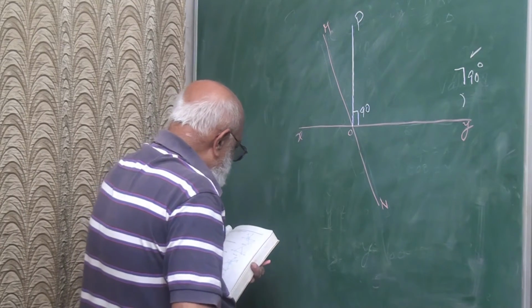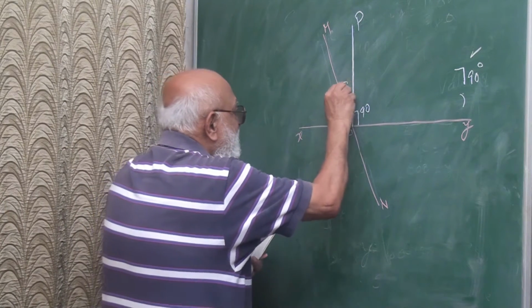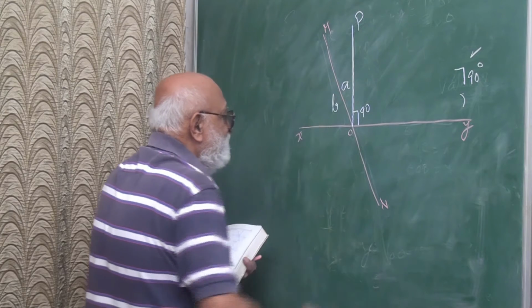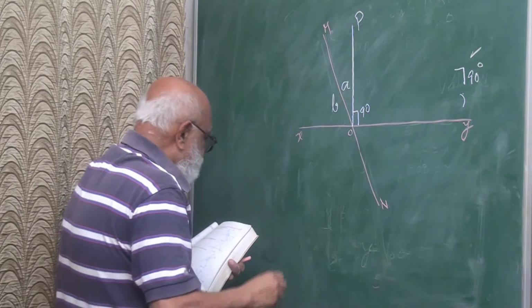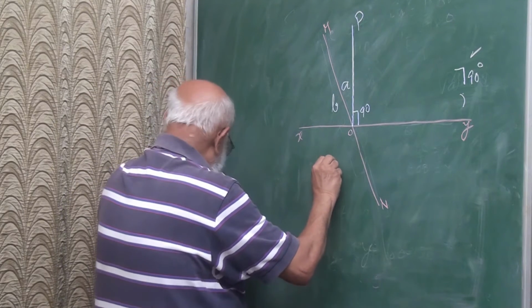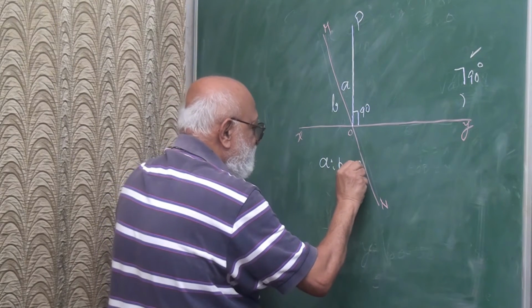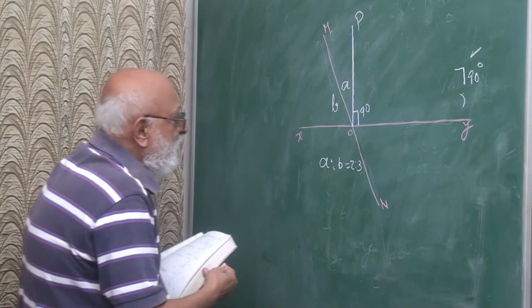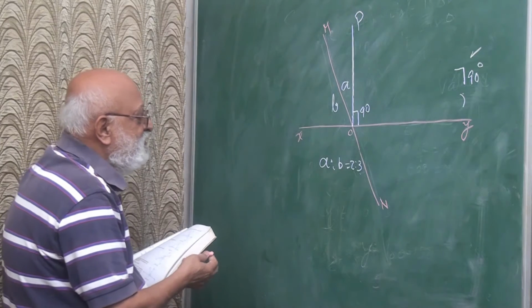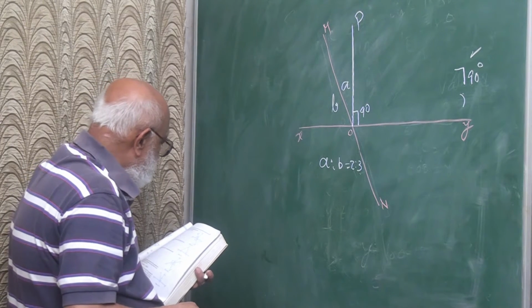They have also written this is A and this is B. They are in the ratio of A is to B is equal to 2 is to 3. Now I can easily write what I have to do.